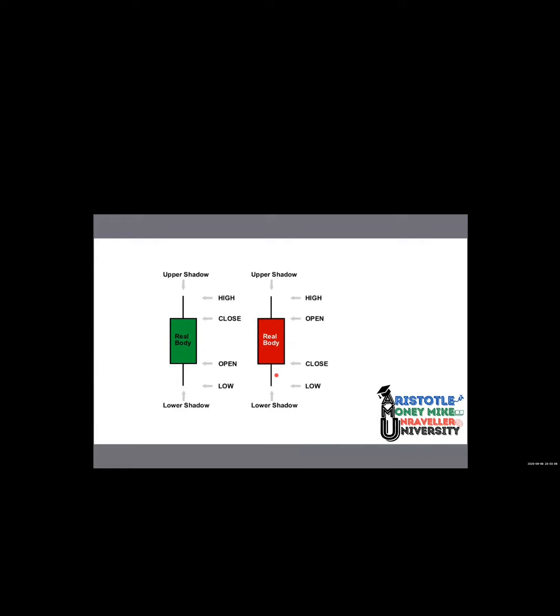If we're looking at the 5-minute chart, every candlestick will represent 5 minutes. If it's the 1-hour chart, every candlestick will represent 1-hour increments. So if we're on a 5-minute chart, this is saying within 5 minutes, it opened here, went as low as here, went as high as here, and closed here. So in result, it looks like this.